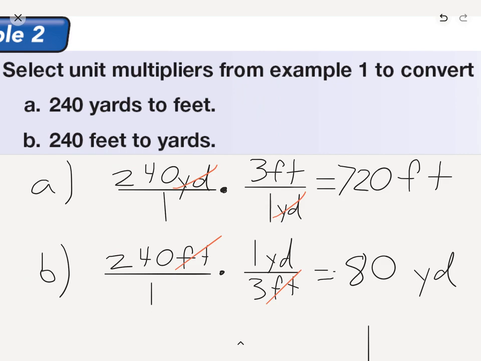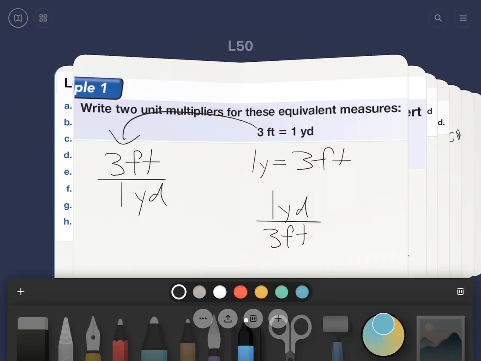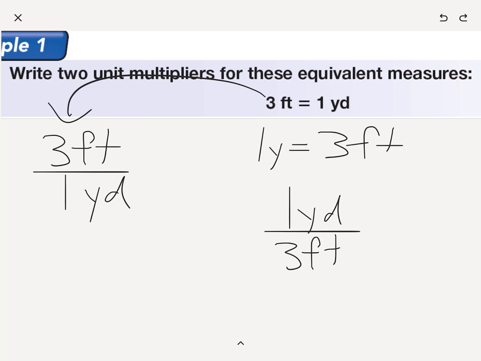All right, so understand how you did 3 feet over 1 yard. That is my unit converter. I selected the yards on top and the feet on bottom because I want to cancel out the feet, and I can only do that if I'm cross-canceling. I still don't understand. Well, it's a matter of you're learning a method.